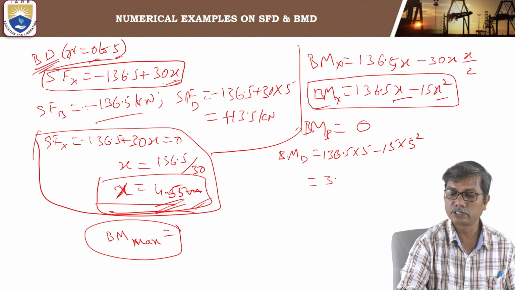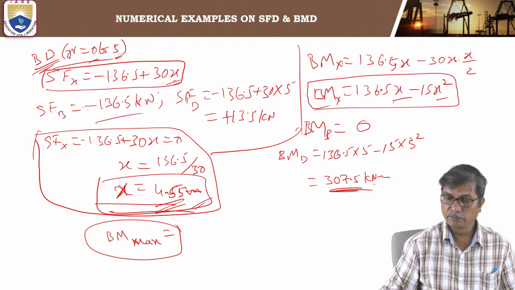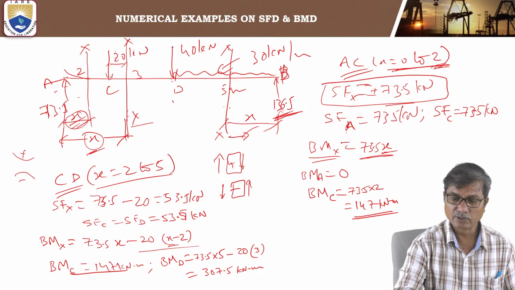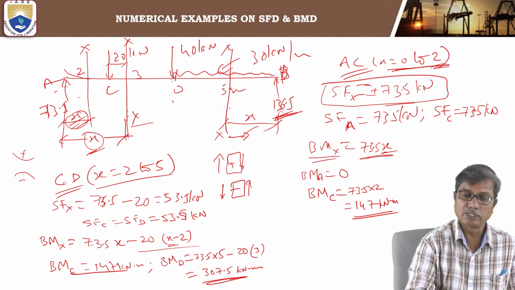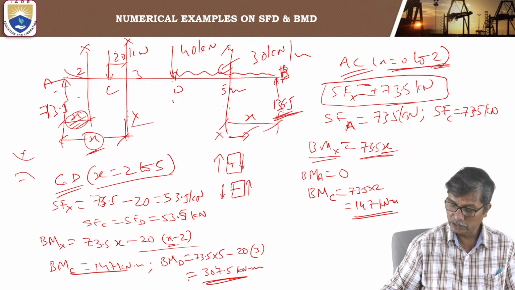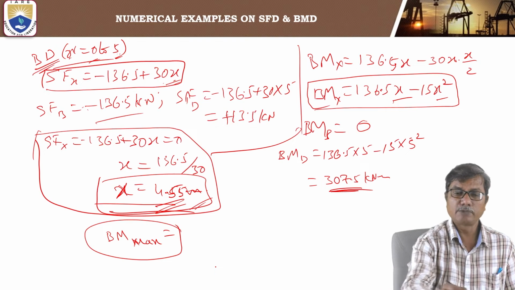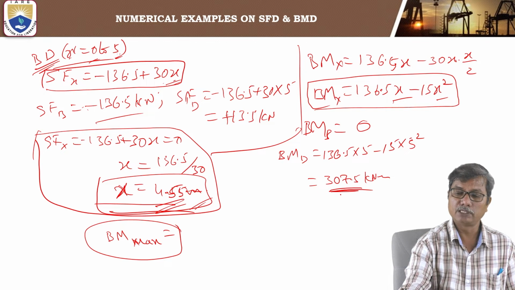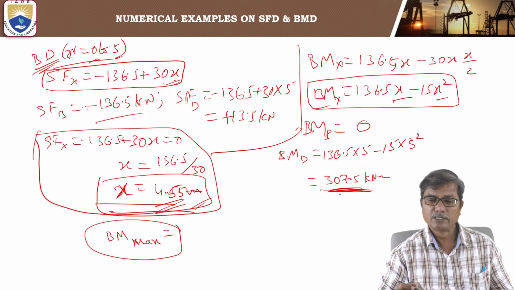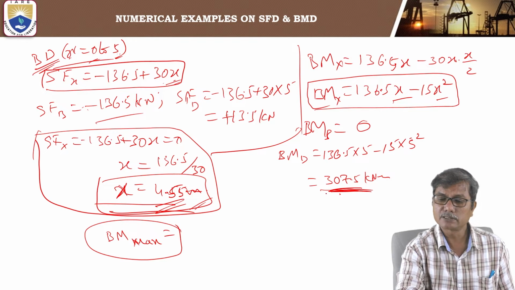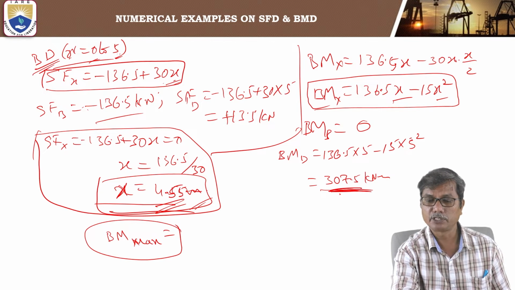This comes out to be 307.5 kilonewton meters, which must be the same as the bending moment at D calculated considering CD. So you are getting bending moment at D as 307.5.